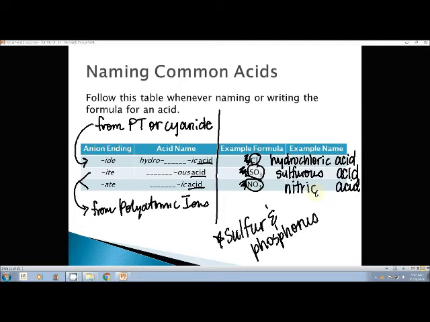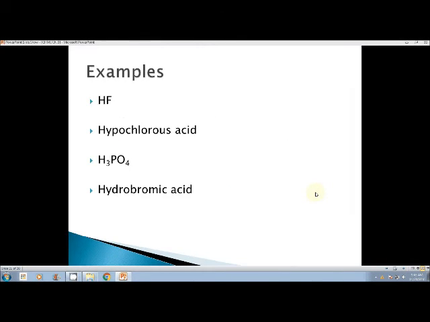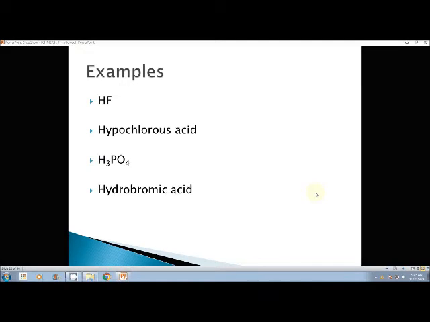So let's try our next 4 examples, and then we are finished with this section. So we'll do the first one and the third one before the second and fourth because it's doing what we just did. So we have HF for our first. The H tells us the second word is going to be acid. And now I need to know what that F is. Well, it's not a polyatomic ion.